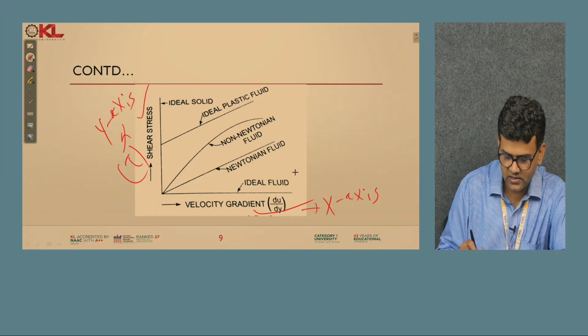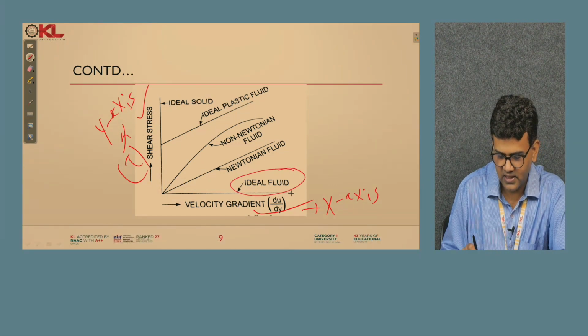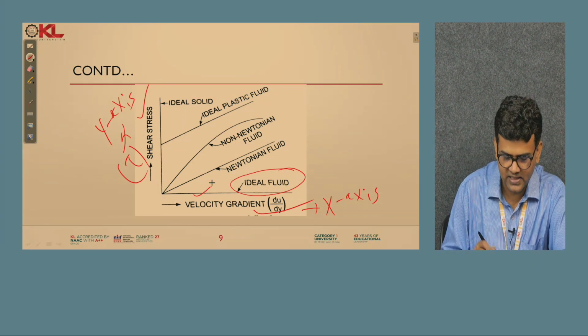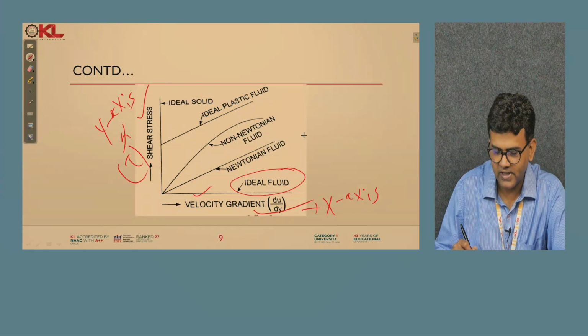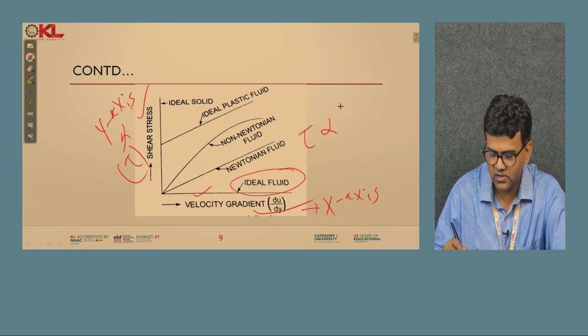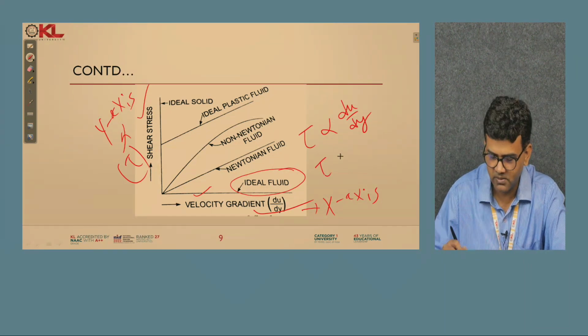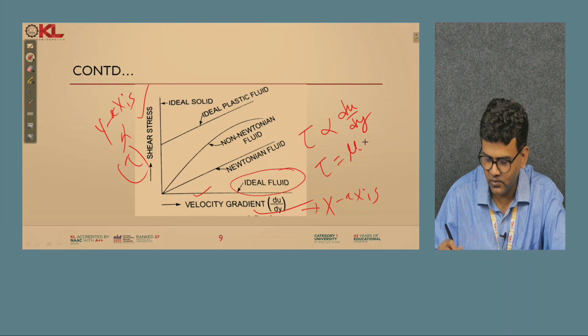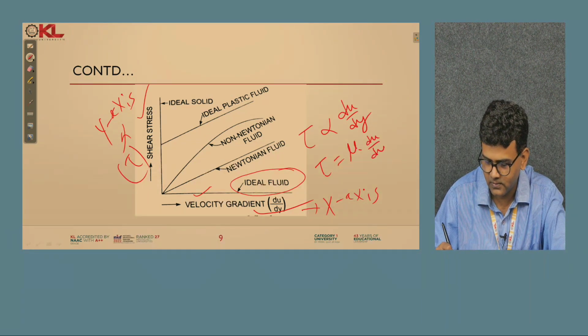You can see here, this is the ideal fluid. Ideal fluid means it lies along the x-axis only. That means if you write shear stress proportional to du upon dy, that is Newton's law of viscosity. When the proportionality constant is introduced, then mu, the viscosity coefficient, comes into the picture.